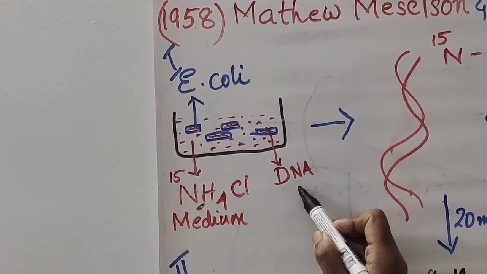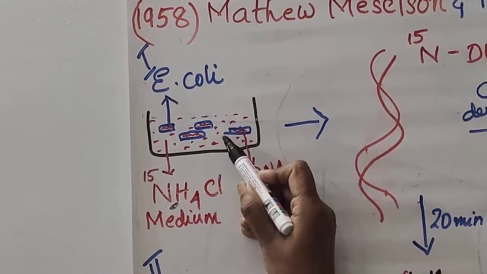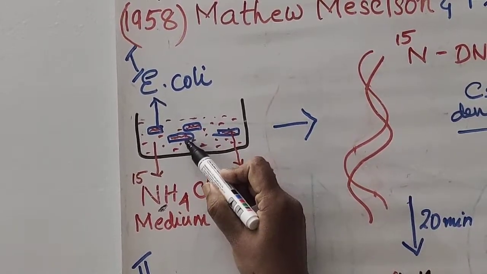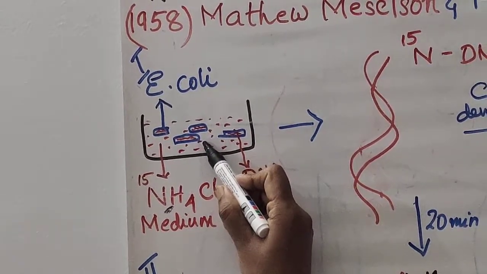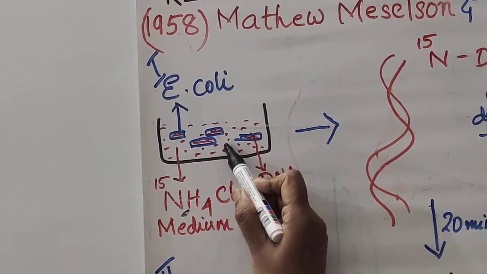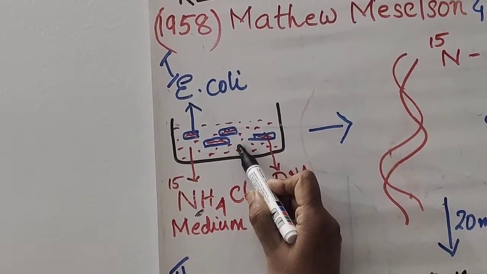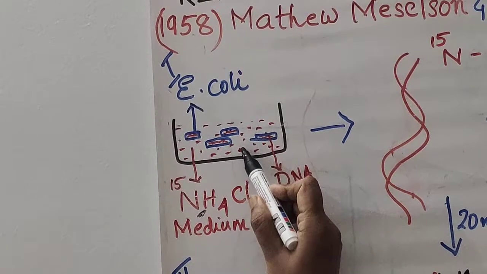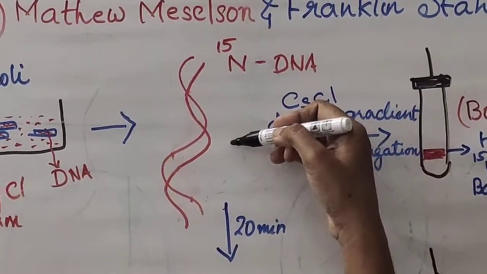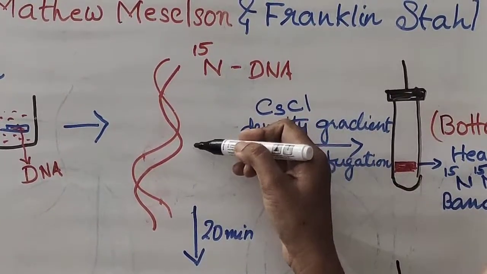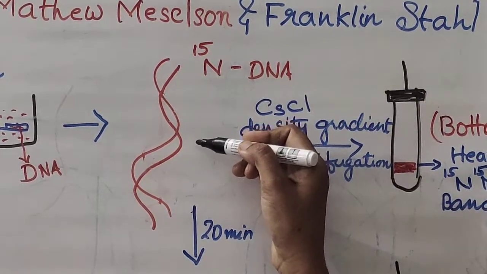So here we are seeing that the E. coli are having red color DNA, which is labeled with N15, the heavy isotope. And they have isolated this N15 DNA.